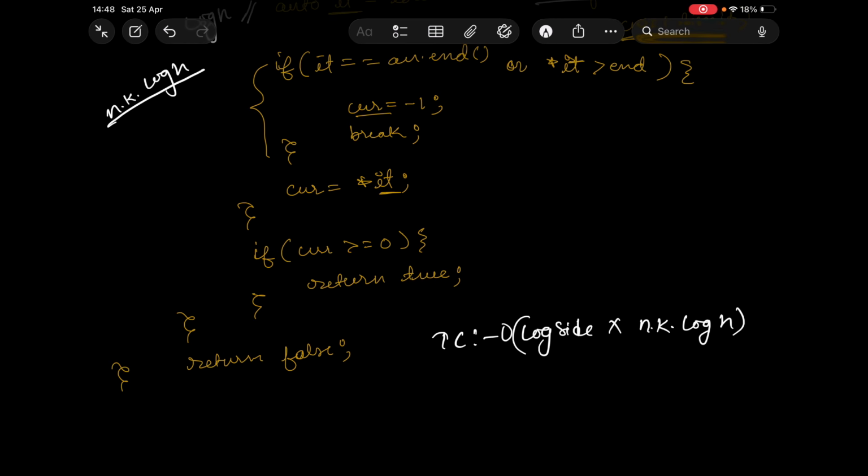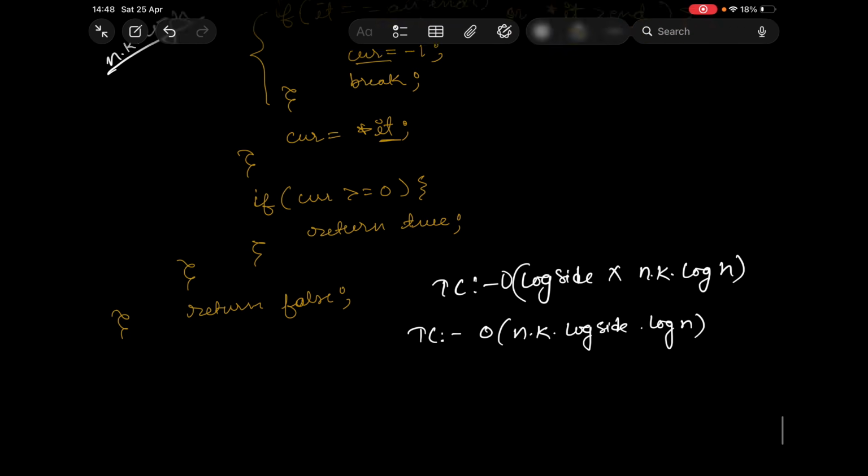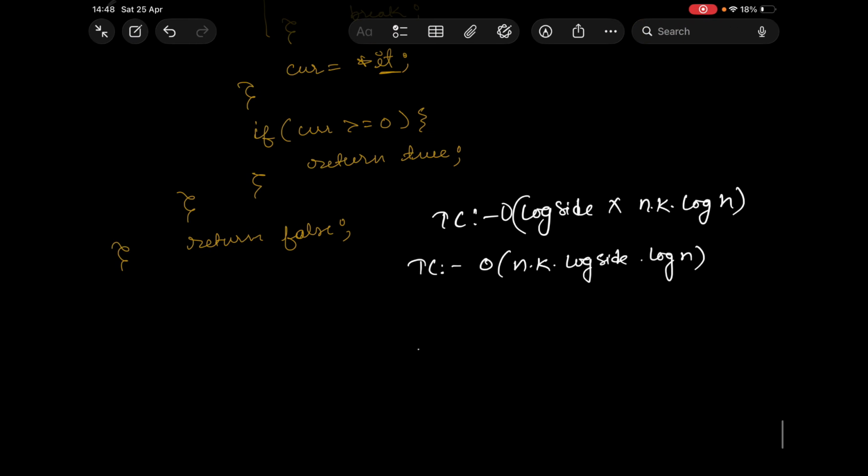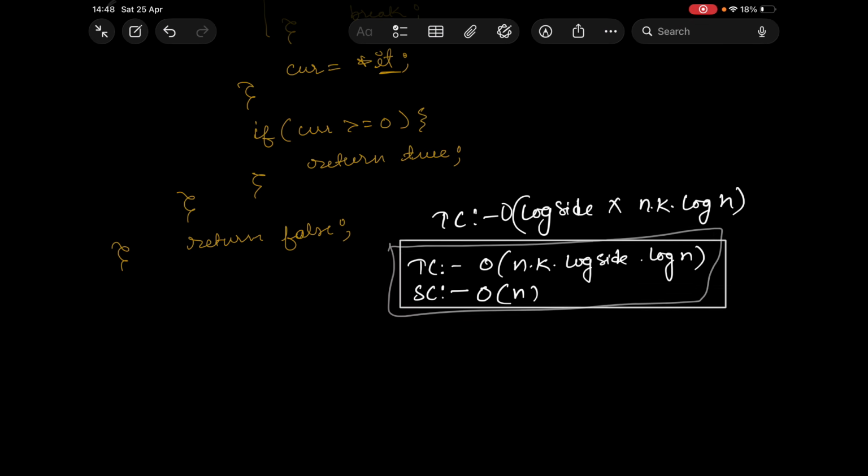Or if we write it simply, it would be O of n into k into log of side into log of n. And for space complexity, an additional array we are taking to store all the points, so it would be O of n. So yeah, this is about space and time complexity for this approach.